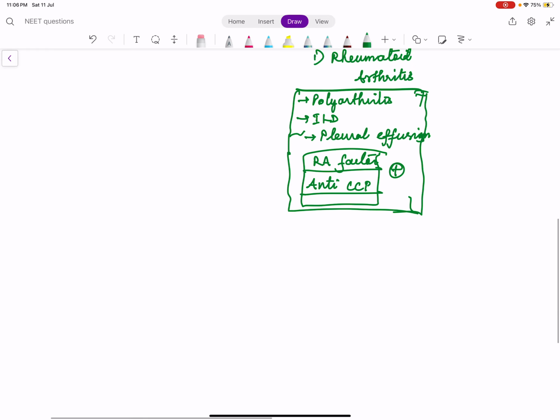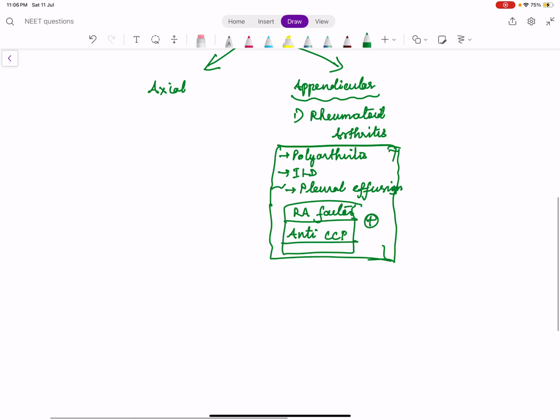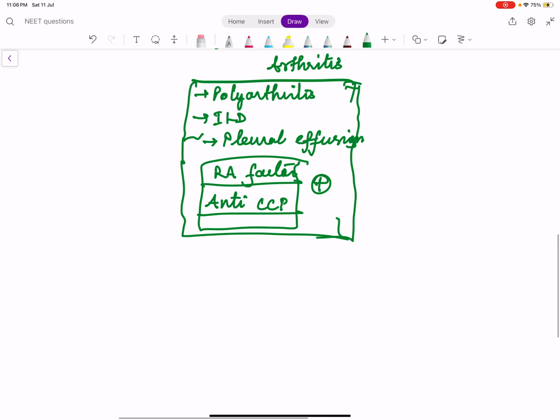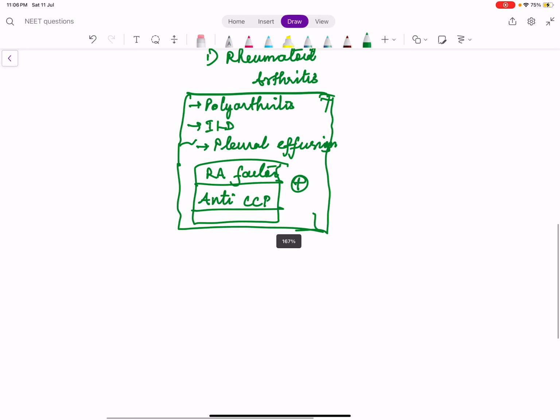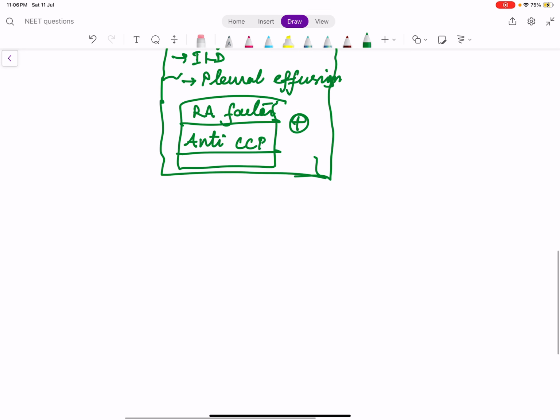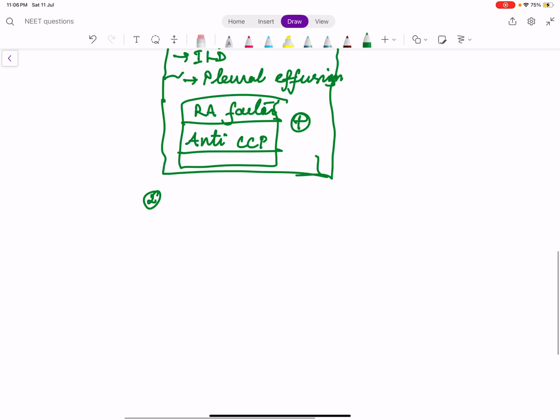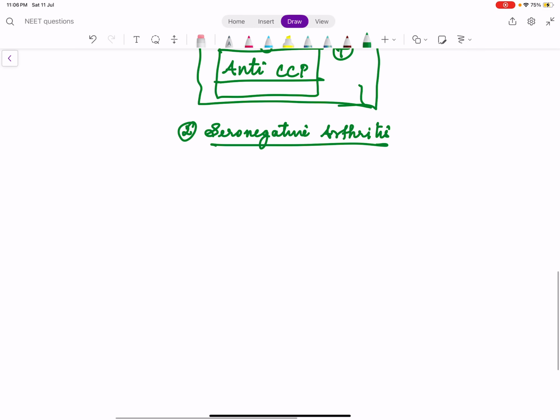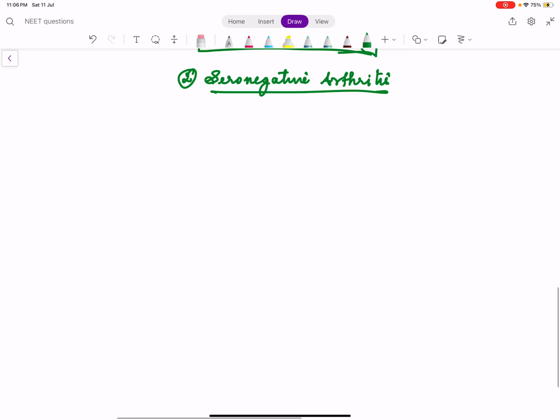There can be some diseases where again the appendicular skeleton, like the hand joints or knee joint or shoulder joint or wrist joint, may be affected, but this RA factor or CCP is negative. So they are collectively called seronegative arthritis. If a clinical question comes like RA factor is negative or anti-CCP is negative, your mind should directly go towards seronegative arthritis.